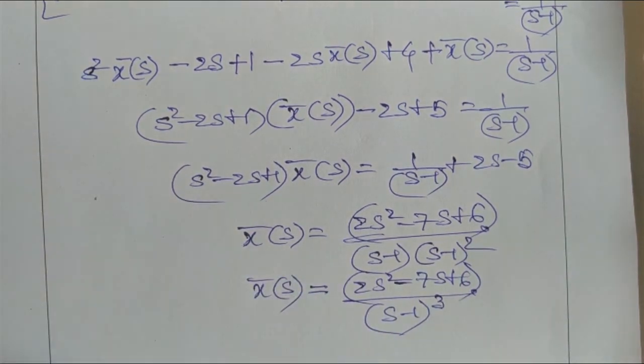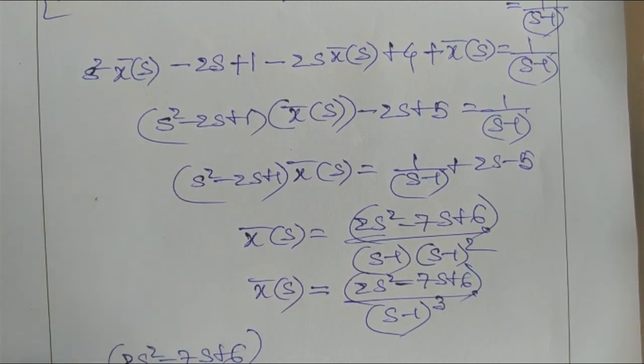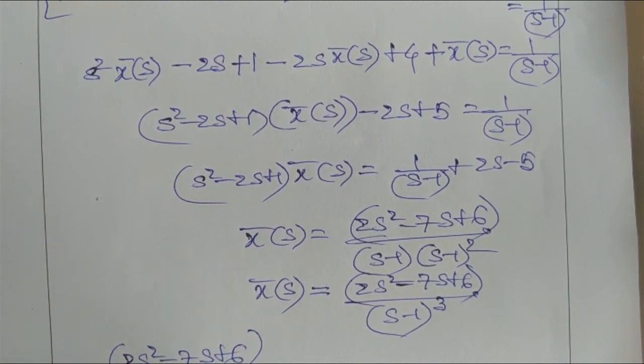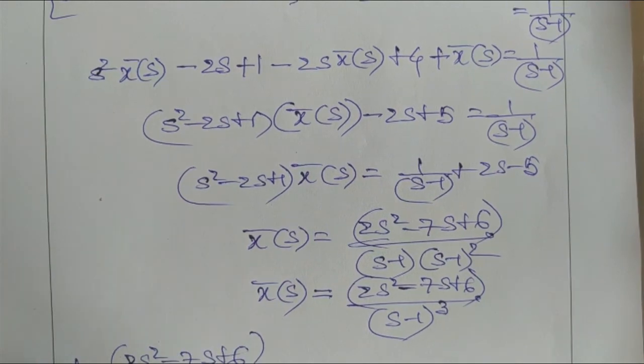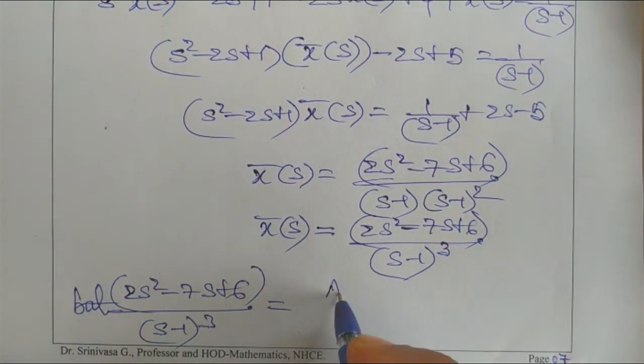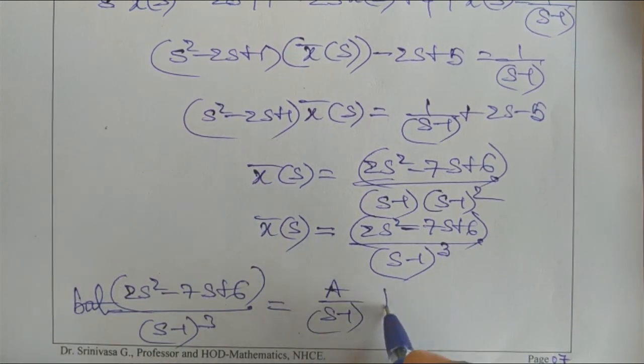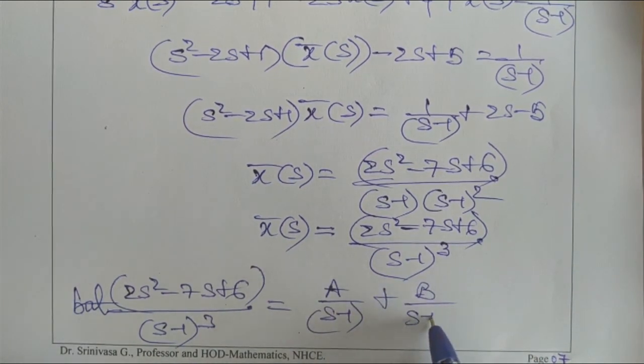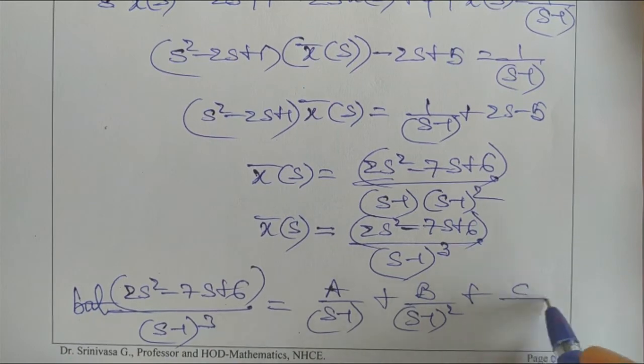Okay, so this can be written as 2s square minus 7s plus 6 divided by s minus 1 whole cube is equal to a divided by s minus 1 plus b divided by s minus 1 whole square plus c divided by s minus 1 whole cube.